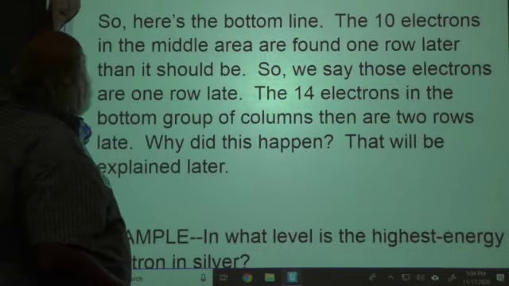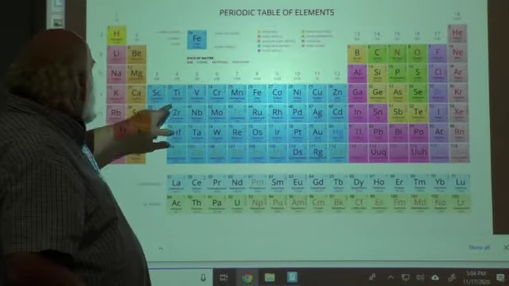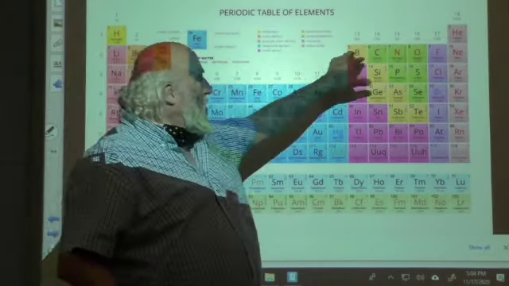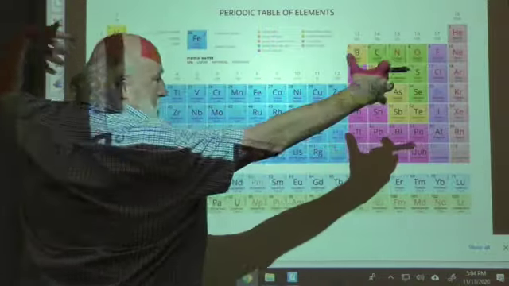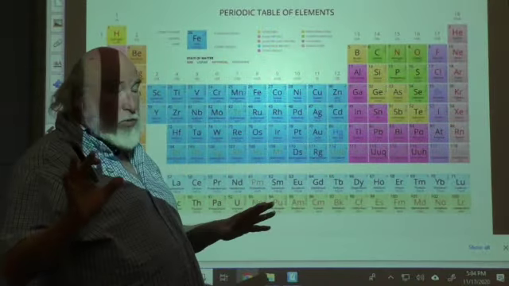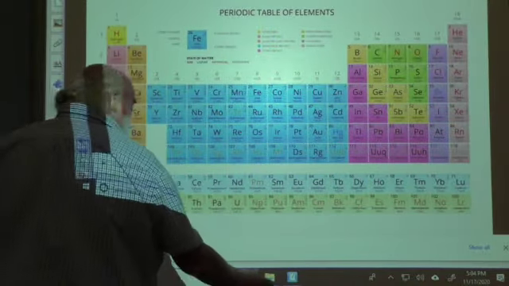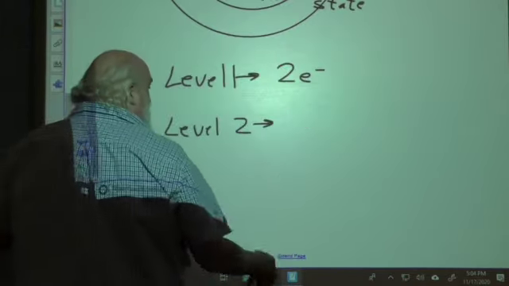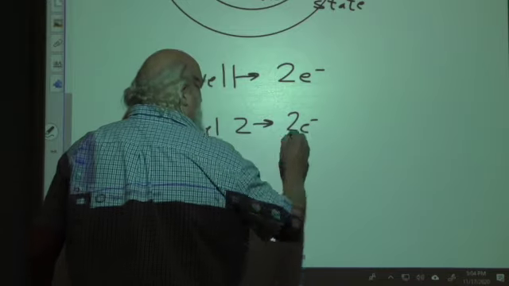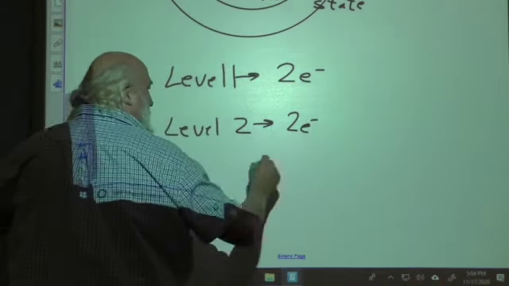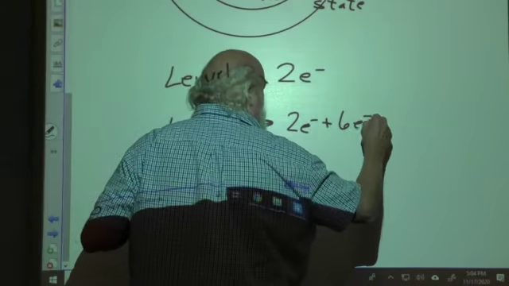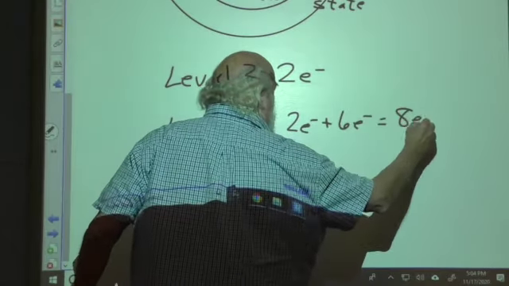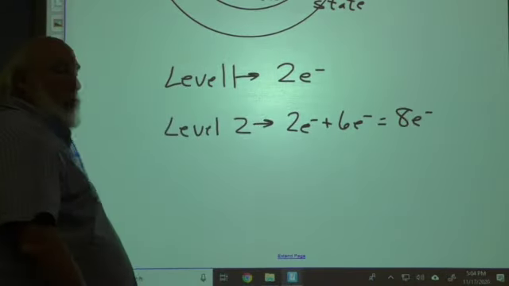we have these 2 electrons right here, and these 6 electrons over here. So it's divided into 2 parts here. There's a reason for that as well, but we're not going to get into that. Okay, so level 2 has 2 electrons on the left-hand side, plus 6 electrons on the right-hand side, for a total of 8 electrons.